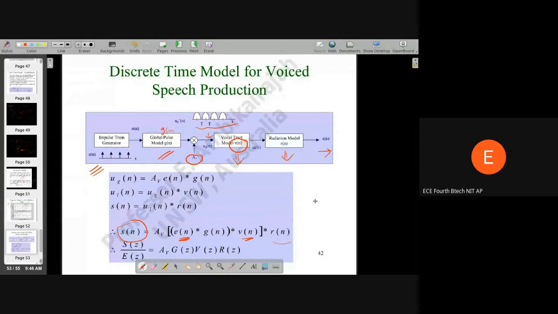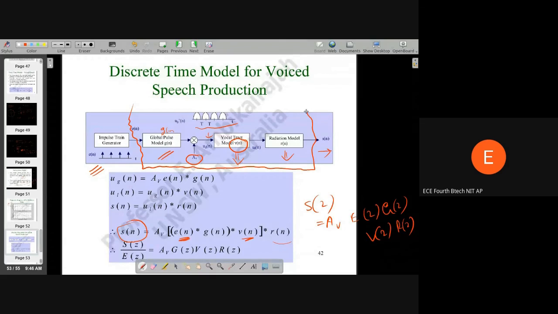So it's like S(z) equal to A_V E(z) G(z) V(z) R(z). And now if you want to find out the transfer function, you have your output signal and your excitation. This is your input, the excitation, and this is your output. We have modeled the glottal pulse, vocal tract and radiation.